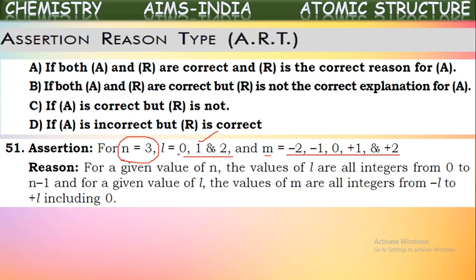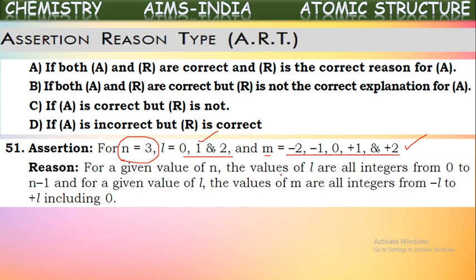Because if l is equal to 0, m value will be 0. If l is equal to 1, m values will be from minus 1 to plus 1. If l is equal to 2, minus 2 to plus 2. So this is also correct. Assertion is correct. Now, the reason. For a given value of n, the values of l are all integers from 0 to n minus 1.